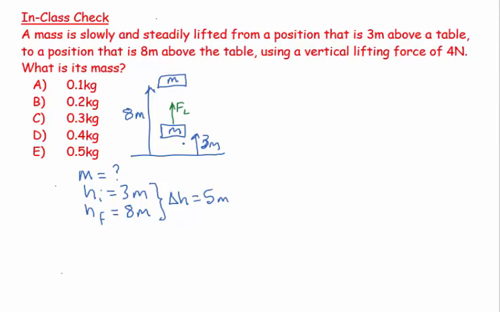Delta h is like a displacement. And then I also have a force, a lifting force in this case, and that is 4 newtons. It's positive because it's going upwards.